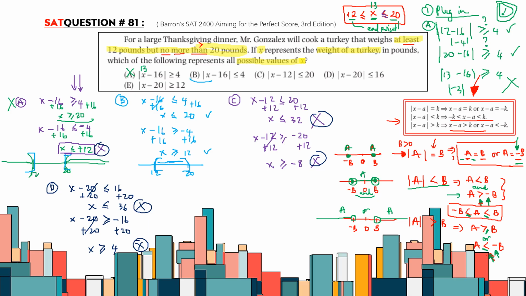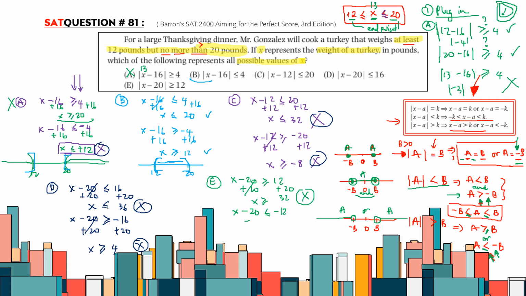Okay, for E, we will have x minus 20 greater than or equal to 12. Then the second one will be x minus 20 with the inequality changed, taking it as minus 12. Now add 20 to both sides. We have 32 on this side, x greater than or equal to 32.